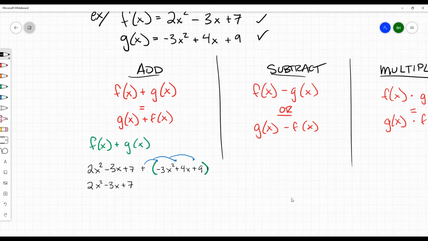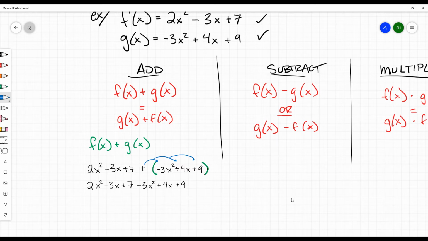But just to show you what I'm doing, a positive multiplied by a negative 3x squared is going to be still negative. So we're just going to get minus 3x squared. Positive and a positive 4x are going to still be a positive 4x. Positive and a positive 9 is still going to be a positive 9.